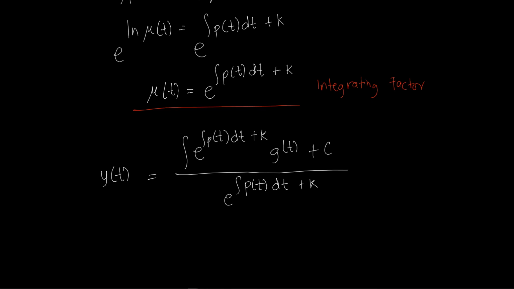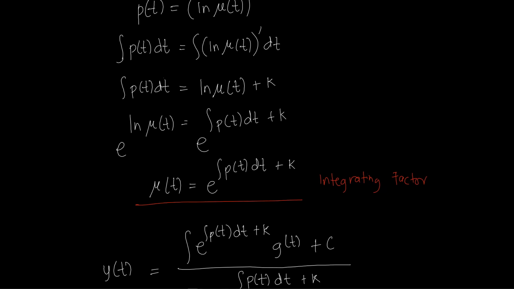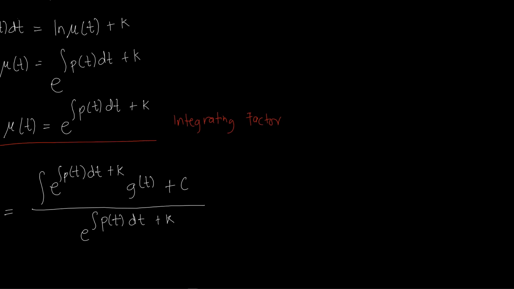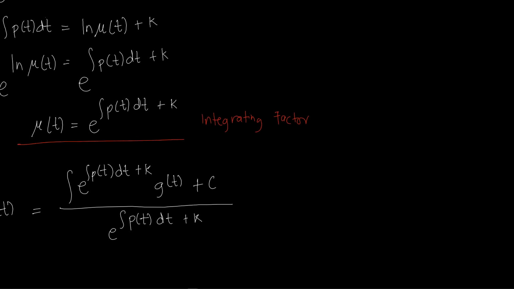Now, from our integrating factor, we can simplify it further. If you have an addition in the exponent, you can split it: e to the integral of p of t dt times e raised to the power of k.